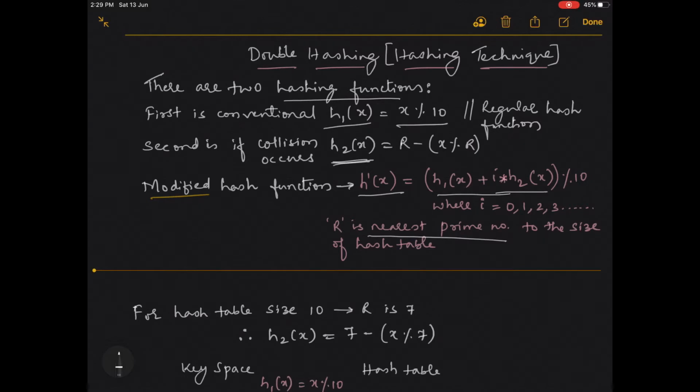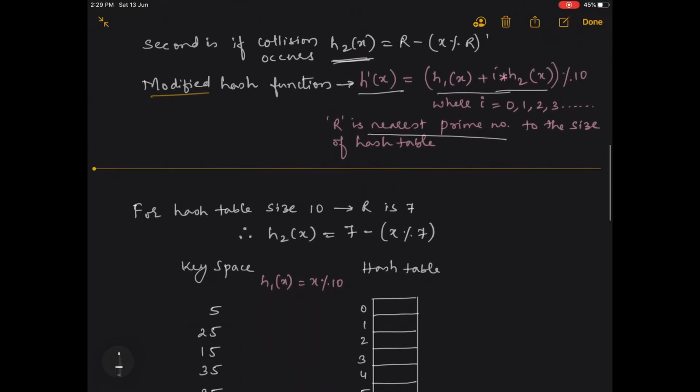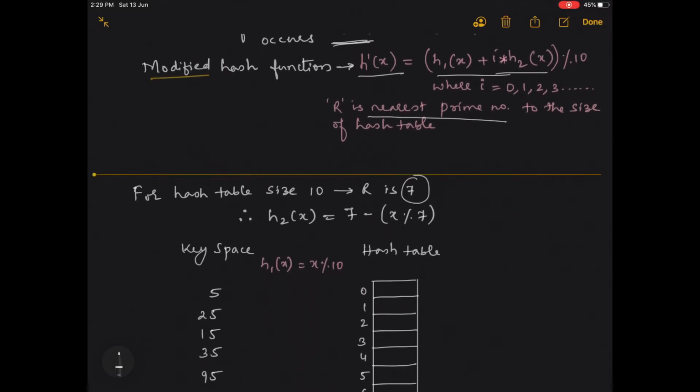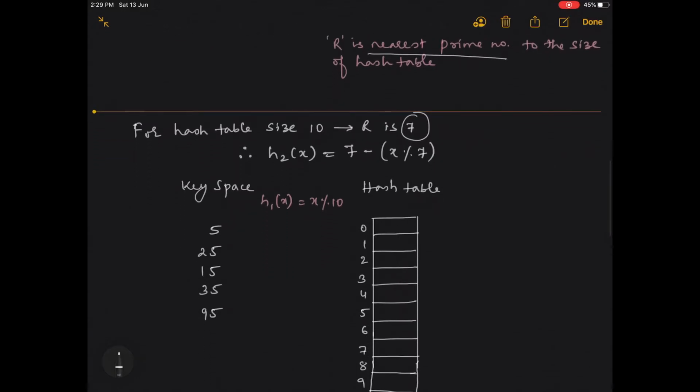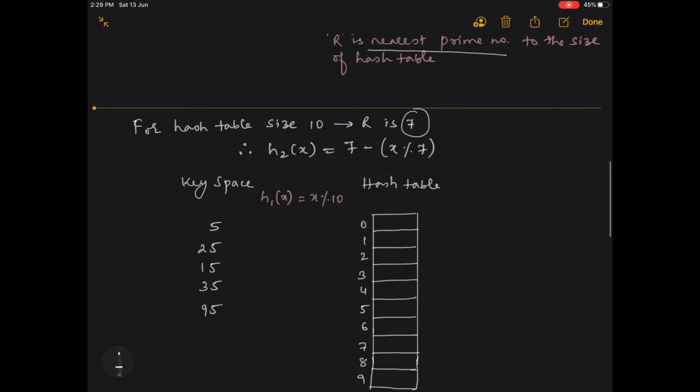Earlier we used to have h1 of x plus f of i, but here we have modified the function, and we'll see how this function works for the same size we had taken earlier. Here r we have selected as 7, and hence r minus x mod r becomes 7 minus x mod 7.